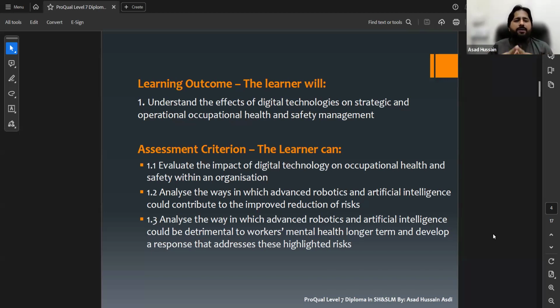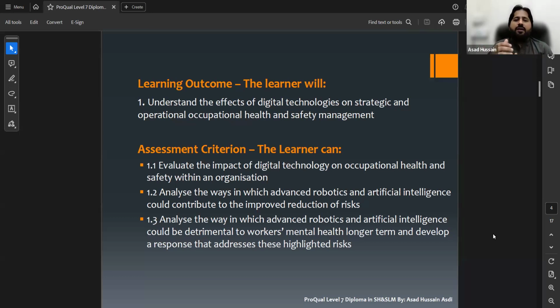Then in 1.2, analyze the ways in which advanced robotics and artificial intelligence, AR and AI. Okay, so the short forms for both of these words are AR and AI. Do remember, mostly you can see there AR and AI.